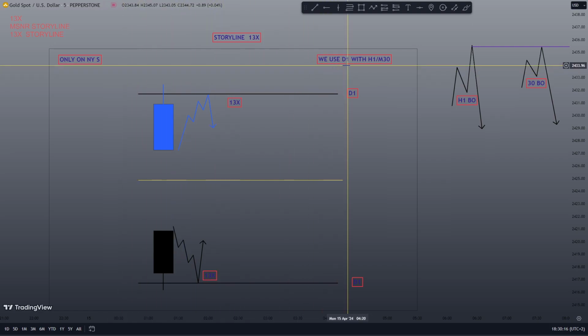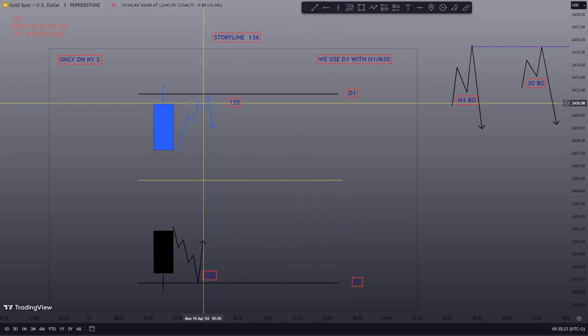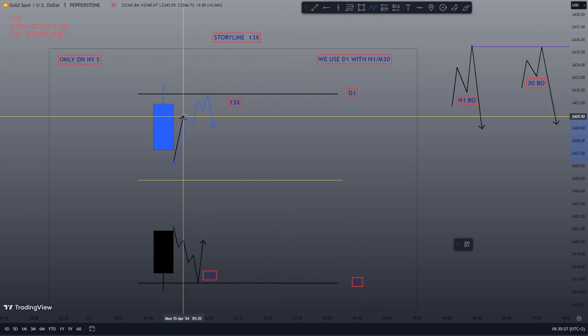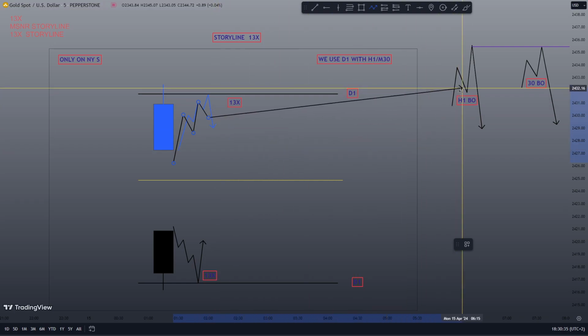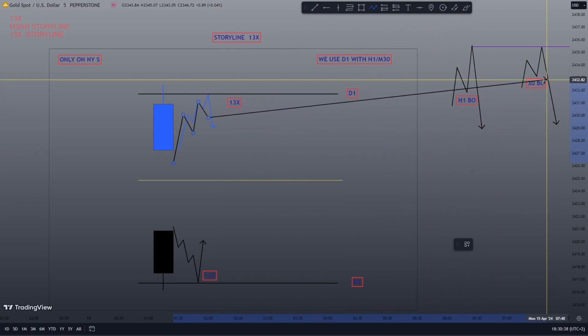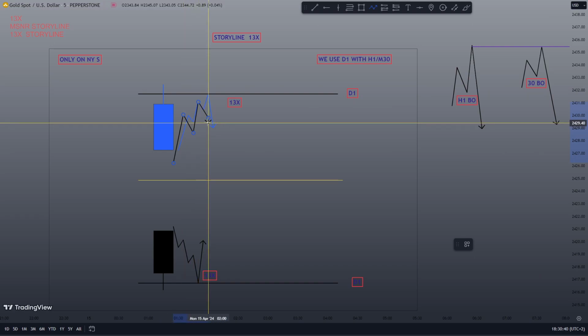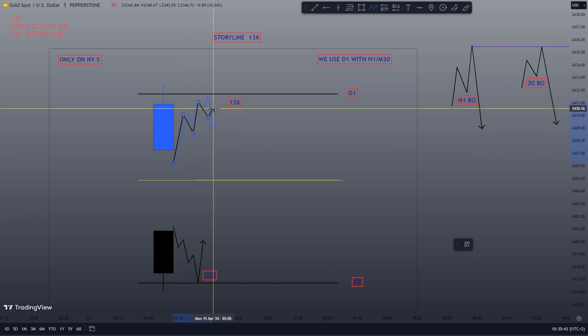We need a daily fresh level, with price coming to it. Once price touches our daily level, we open H1 and M30 to see the recent V level that got created before price touched the level.